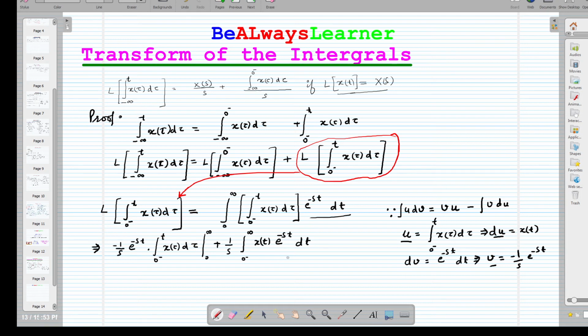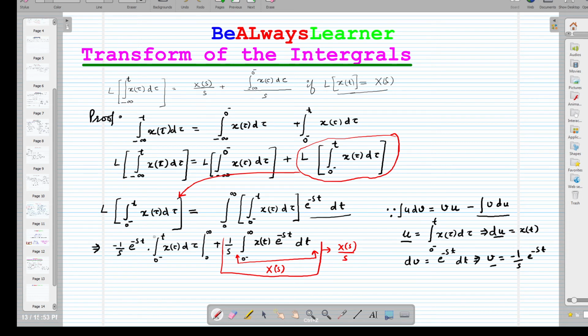This is the integral of v du. The inner part, by definition, is nothing but X(s). So the second term is X(s) by s, and we are getting this term.